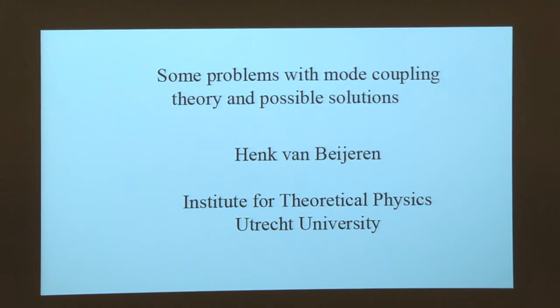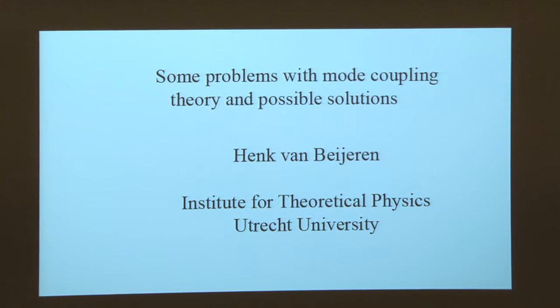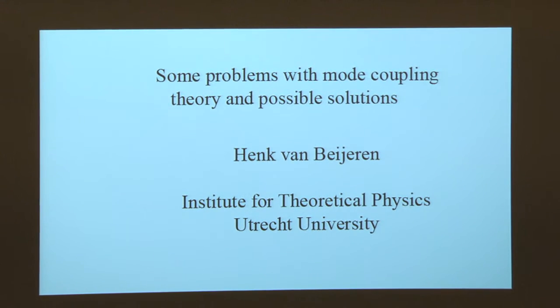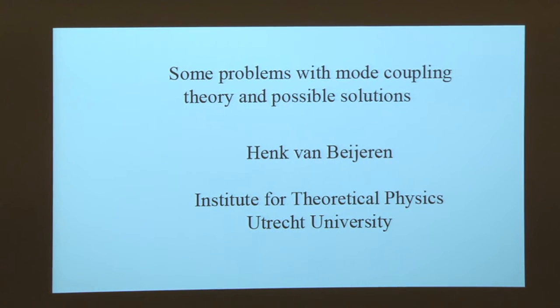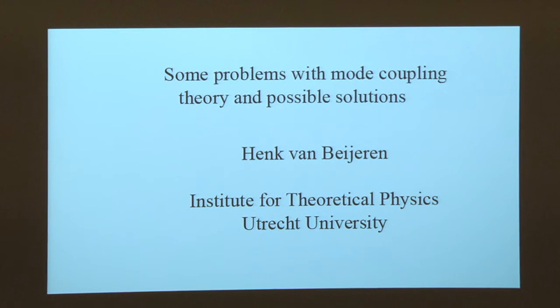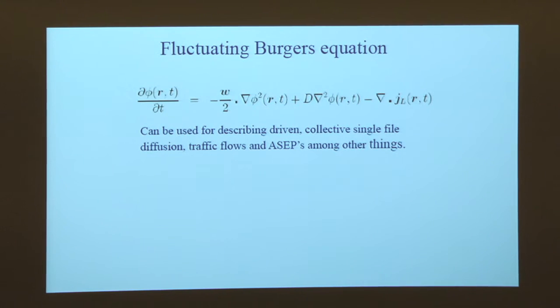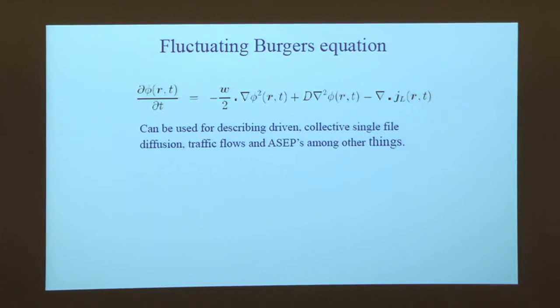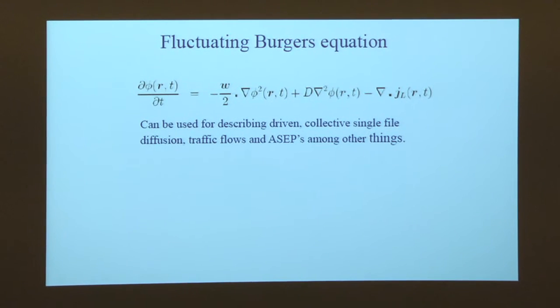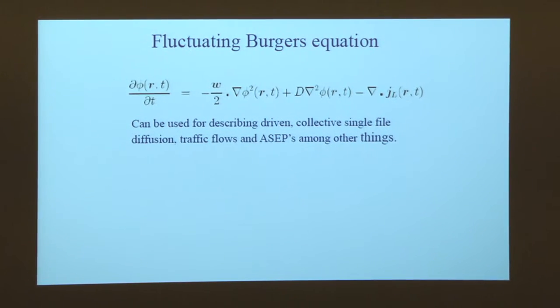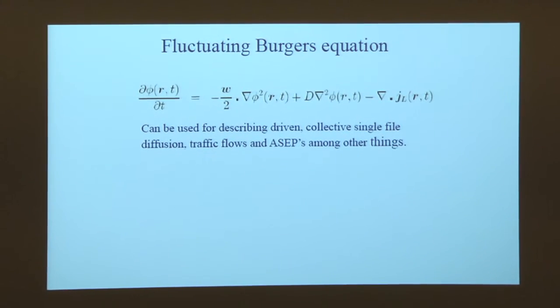Good. Let me show you how one can obtain mode coupling equations for FPU type equations and the like. Start from the fluctuating Burgers equation we have seen already several times, where phi(r,t) describes a density fluctuation at position r and time t.